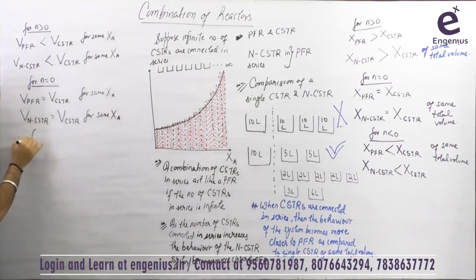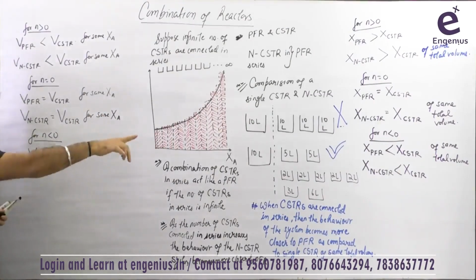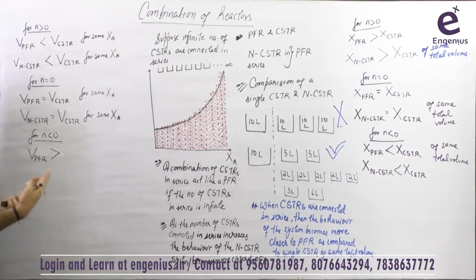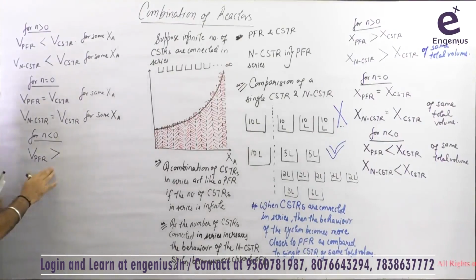Similarly, if order is less than 0, in this case, volume required by a PFR was more and the PFR was not accepted, the PFR was rejected. In both the discussion, PFR will be rejected. Either you compare with respect to volume, because volume should be less for accepting the reactor, and if you compare with respect to conversion, because conversion should be more for accepting the reactor.